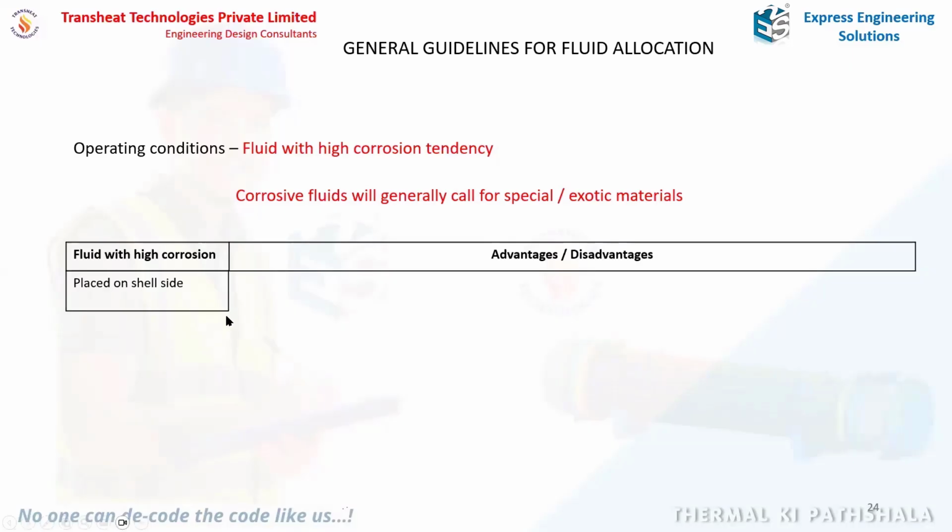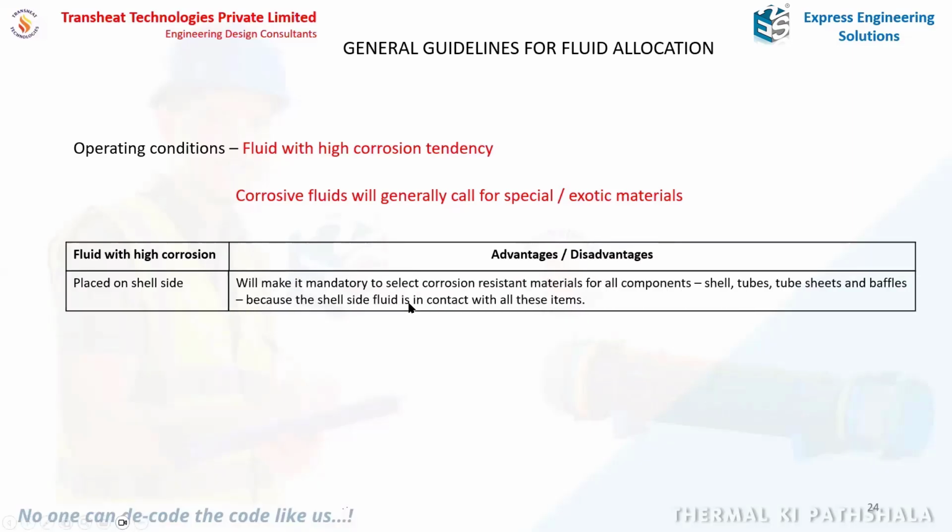So when you have a fluid with high corrosion tendency which calls for special or exotic materials, if you have it on the shell side, all these components should be made from that exotic material. So that leads to a cost impact.